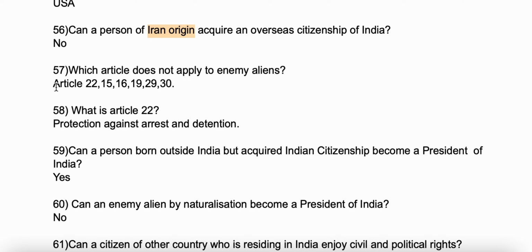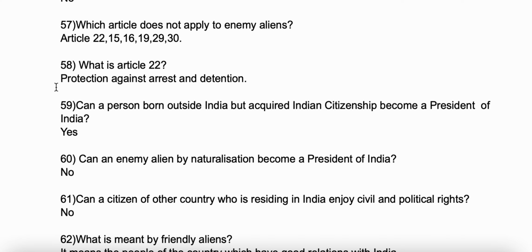Okay. 57th question, which articles do not apply to enemy aliens? So Articles 22, 15, 16, 19, 29 and 30 will not apply to enemy aliens. What is Article 22?